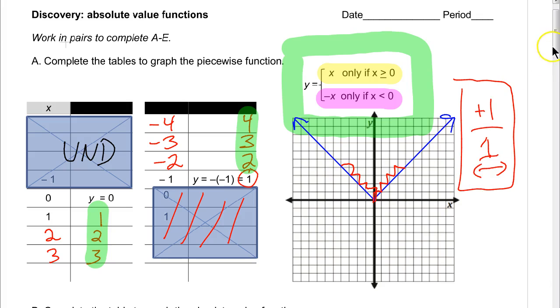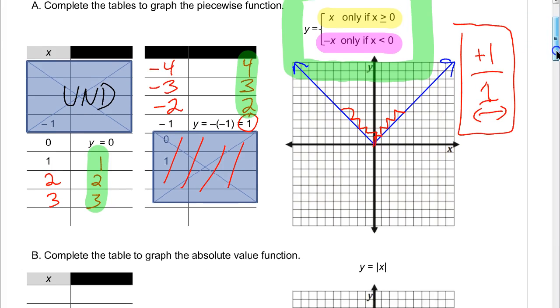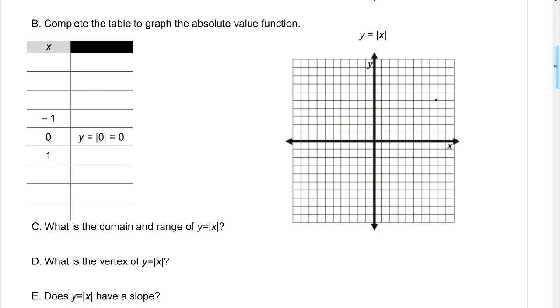And because of all that, just to make it simple, we've come up with this special function that has these two bars on either side, and we call that absolute value.